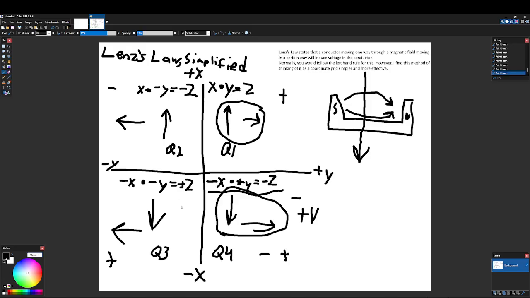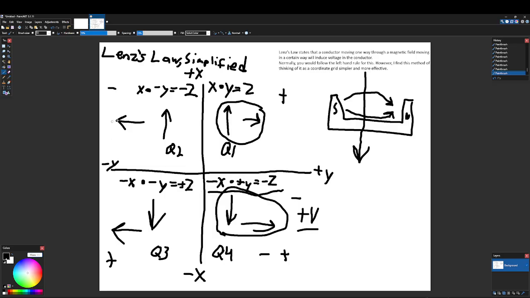So that's kind of the way that you can think about it. Every time that you induce voltage, it is opposite the polarity of the force producing it. So if we're going down and our polarity is, say, south, or if our polarity is negative, then the induced polarity would be positive because that's opposite.